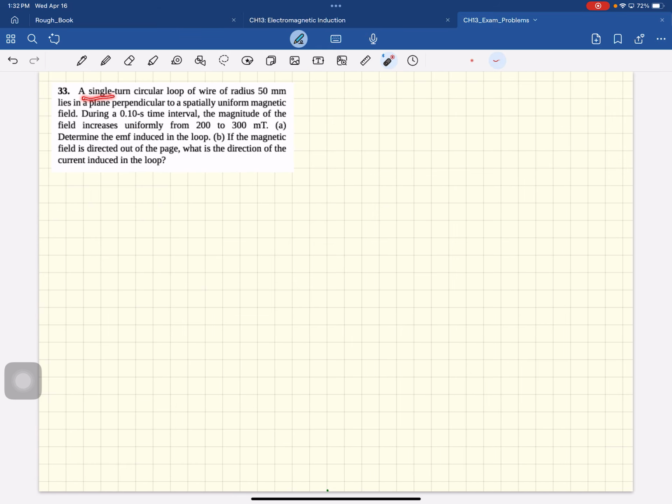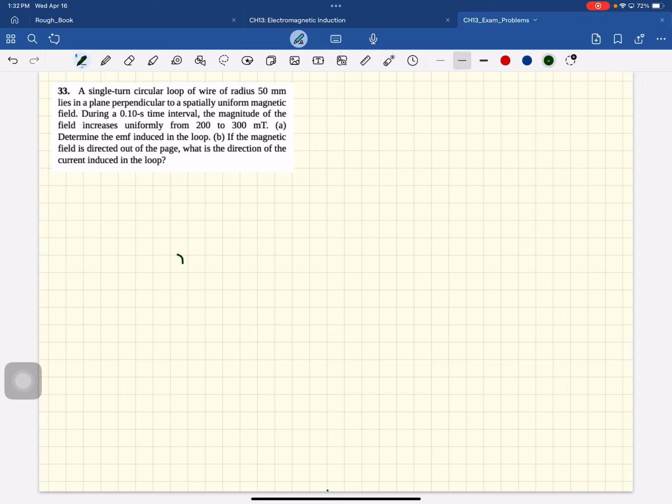So this problem says a single turn circular loop of wire of radius 50 millimeters lies in a plane perpendicular to a spatially uniform magnetic field. During a 0.1 second time interval, the magnitude of the field increases uniformly from 200 to 300 millitesla. Determine the EMF induced.